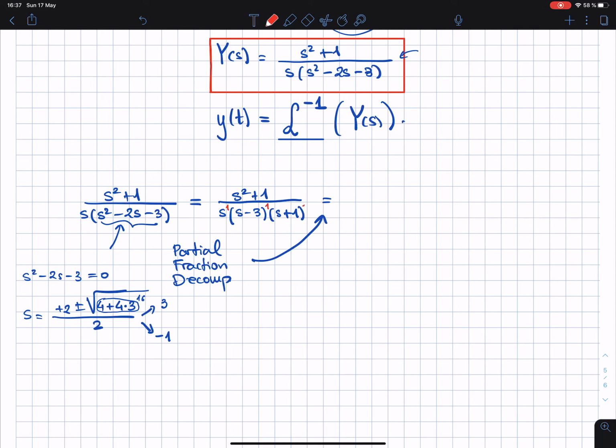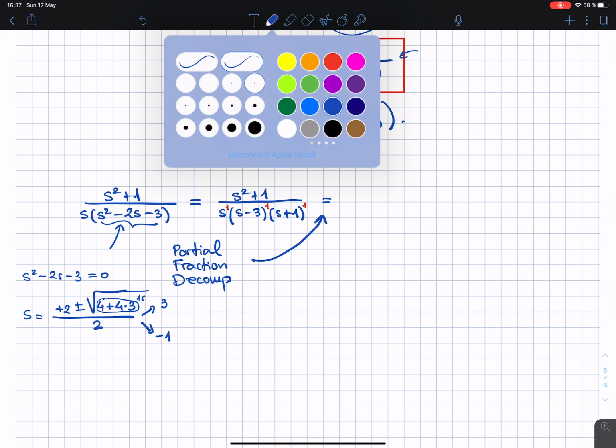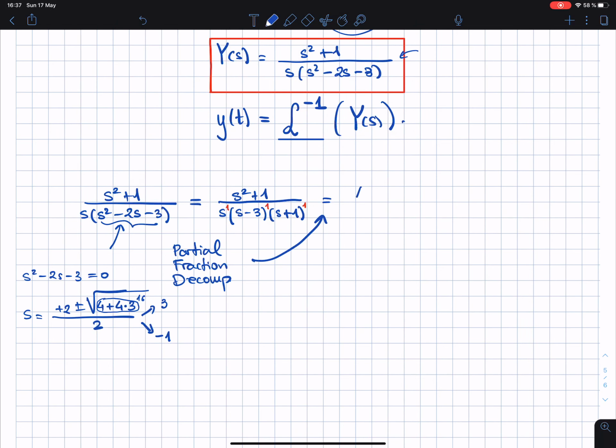You see here, all the powers are 1, so all of them are simple roots. So the way we will decompose this is A divided by the first root, plus B divided by the second root, plus C divided by the third monomial we have, s plus 1. So the one associated to the last root, minus 1.